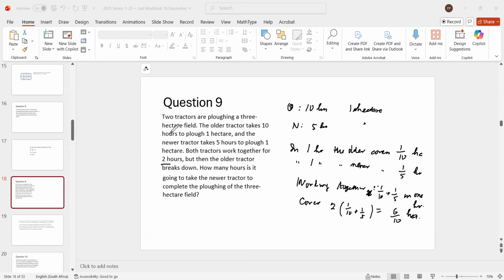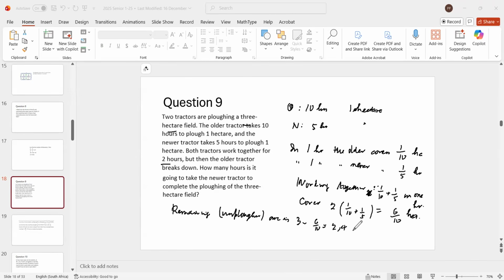They had 3 hectares to do altogether. So the remaining unplowed area is 3 minus 6/10, which is 2.4. 6/10 is 0.6.